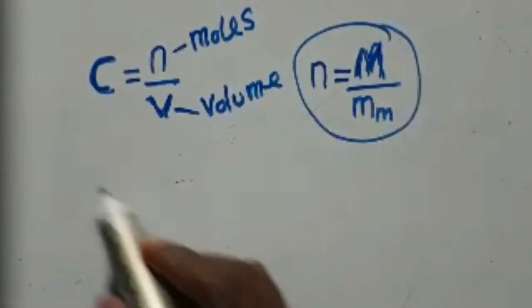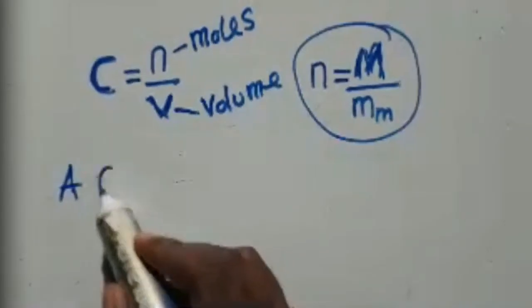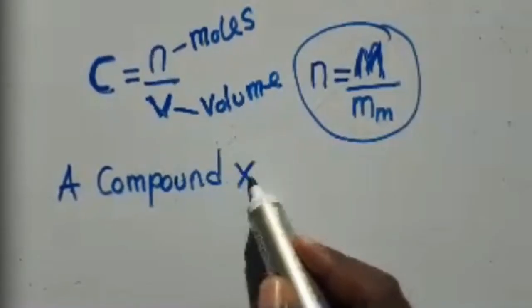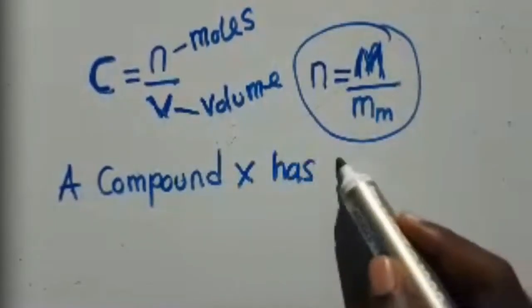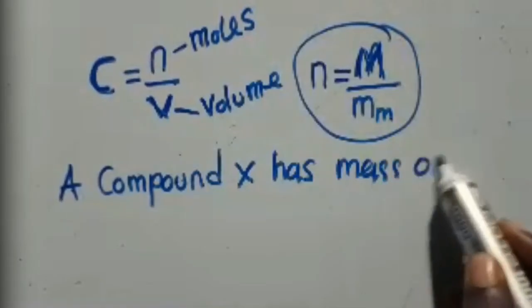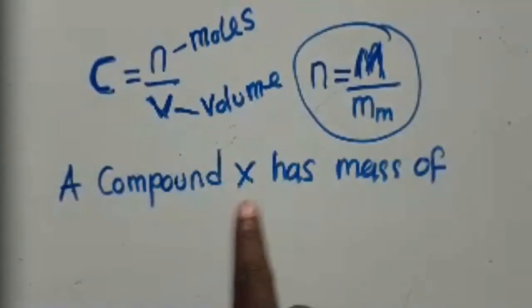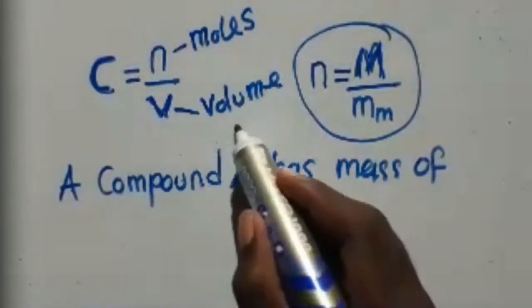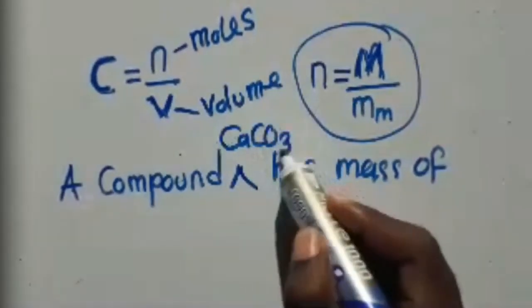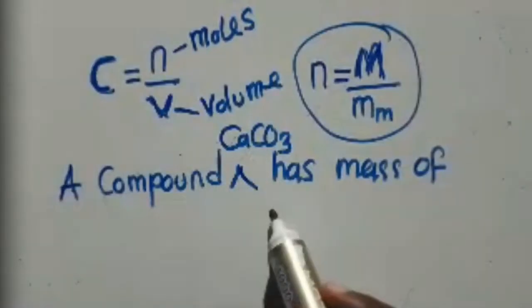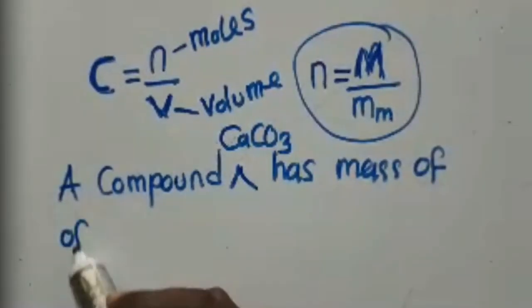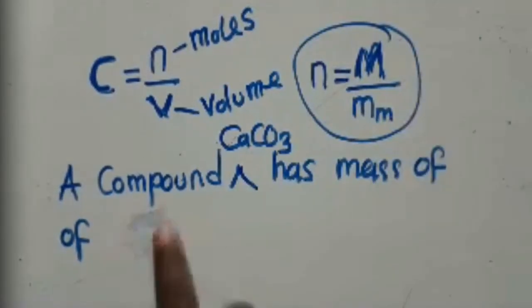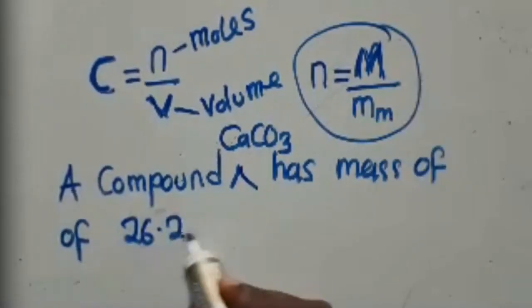You are given a question about a compound. Let me give the name of this compound: calcium carbonate. A compound, calcium carbonate, has a mass of 26.2 grams.